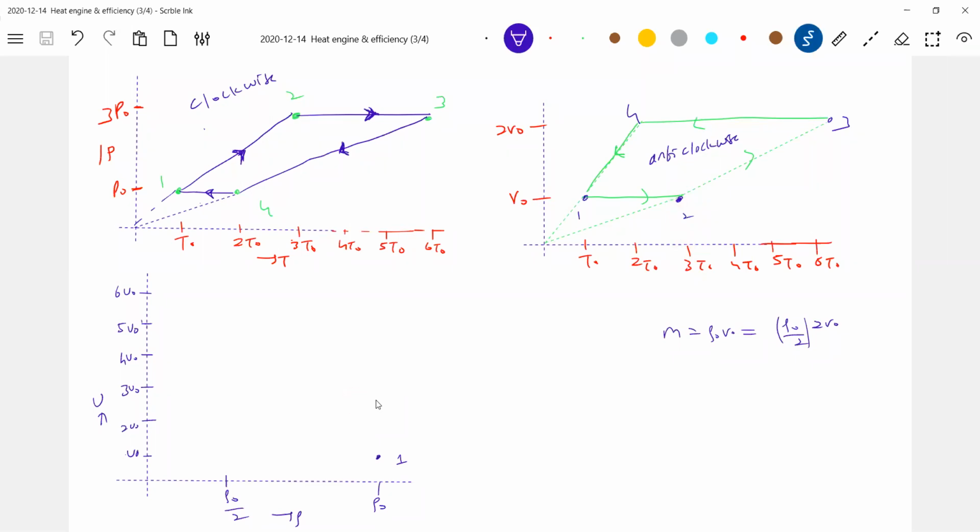Therefore the point will be 3U naught. What about point 3? 2V naught means density rho naught by 2, and 6T naught. That's the point 3. What about point 4? 2U naught and rho naught by 2.